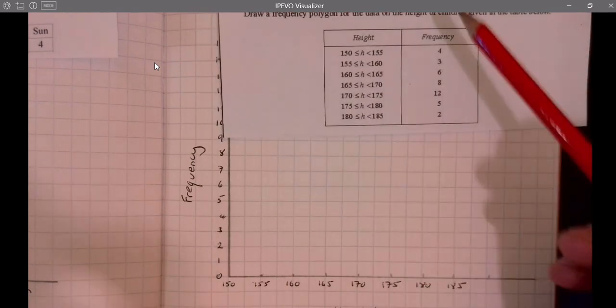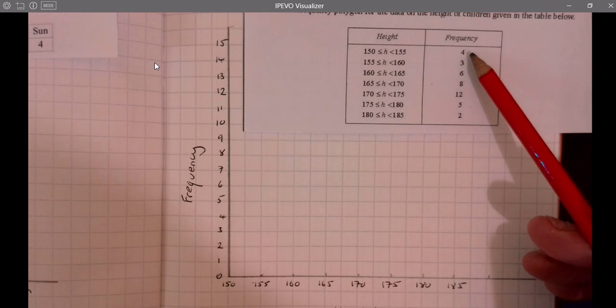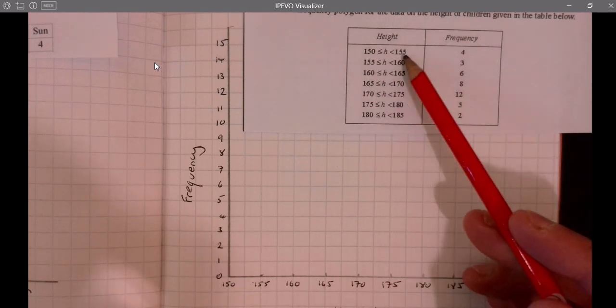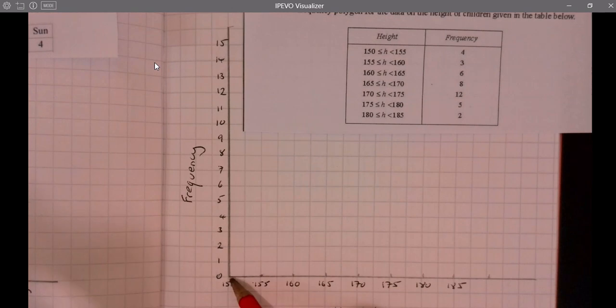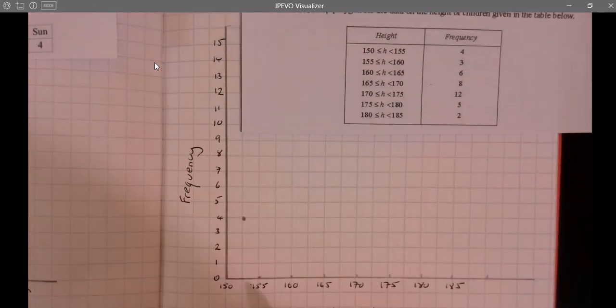Where do I plot the 4? Between 150 and 155, so slap bang in the middle. Okay, so 152.5. So I'm going to make a 4 there. Just another note, mine actually starts from 150. Strictly speaking, you should start from 0 and have a little squiggle, but actually it's fine to do that.